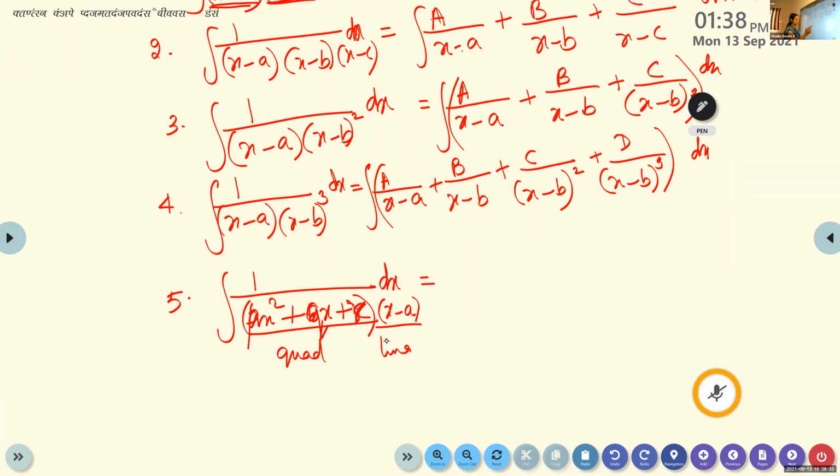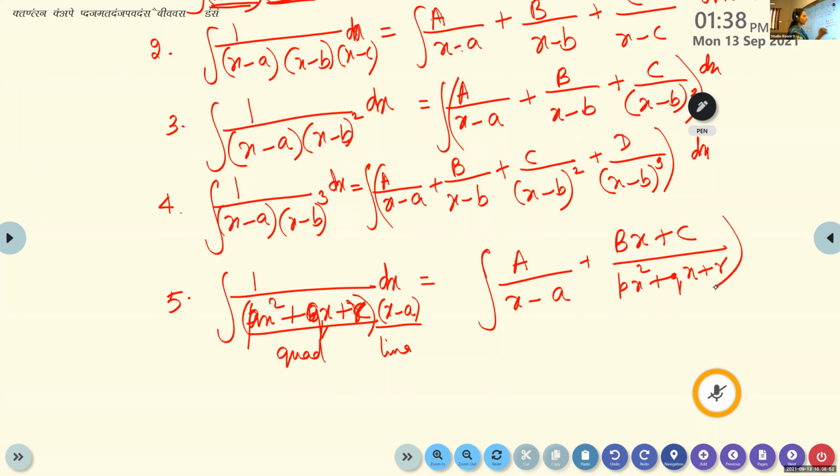So in that case, what you can do, we can write this as integral of, for the linear factor, a by x minus a. For the quadratic, listen here, the quadratic is px square plus qx plus r. We will write this as bx plus c by px square plus qx plus r.